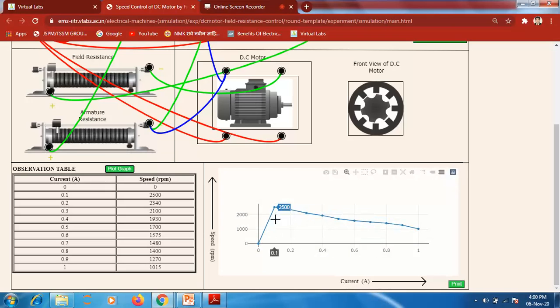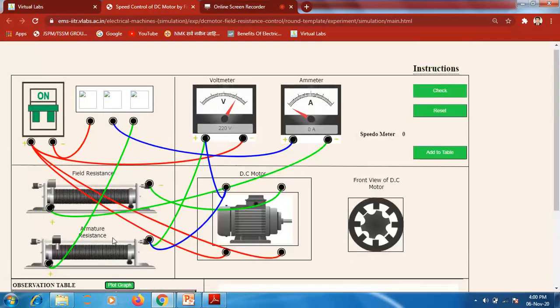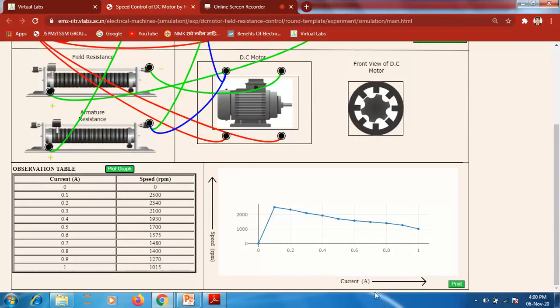the plot of speed versus current of a DC shunt motor. Actually, as from the observation table also you will get the finalized value, whenever we are increasing the current, initially current is 0, speed is 0, but whenever you are increasing the current to 0.1, then at that time speed is 2500 rpm.